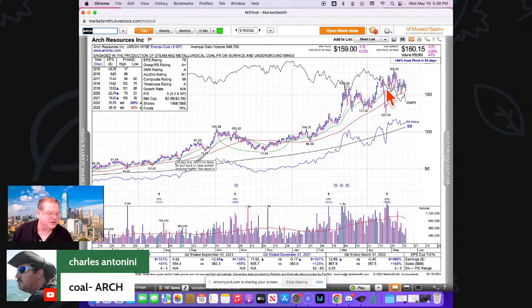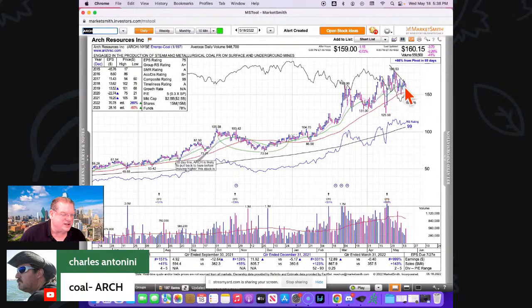Here's what you can do though: you can draw that little trend line here, and if it moves above that trend line, that would possibly be a place that you could buy it. As you'll notice, it is basically staying above that 21-day line, that's this green line here. Then it's pulling back, gathering strength, and moving higher.